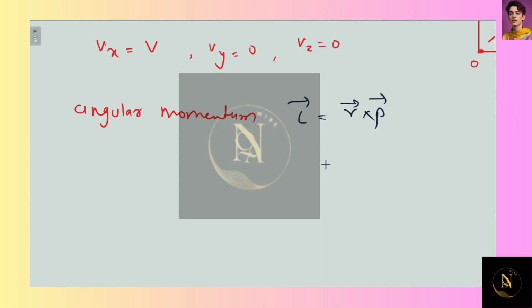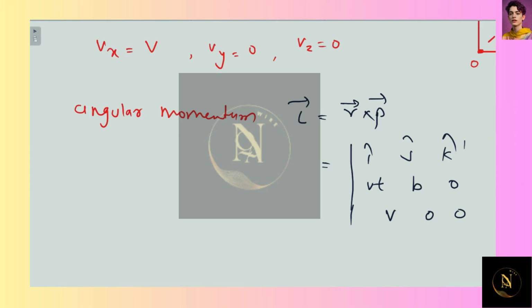Now we can say that this is equal to the determinant of i cap, j cap, k cap, and the position, that is vt in x direction, b in y direction, 0 in z direction, and the velocity is v, 0, and 0.